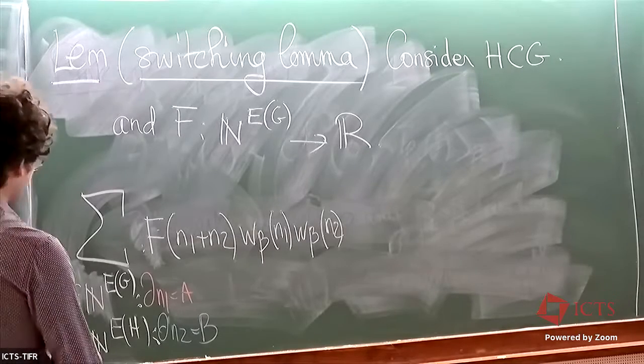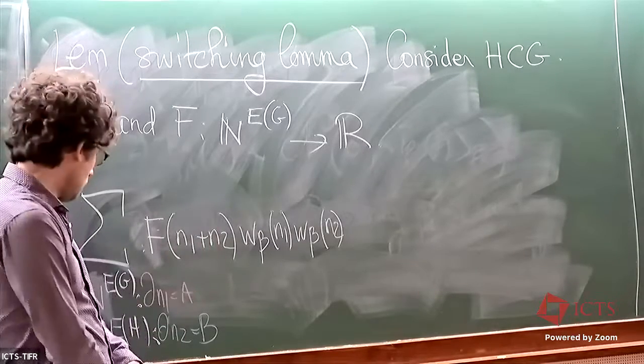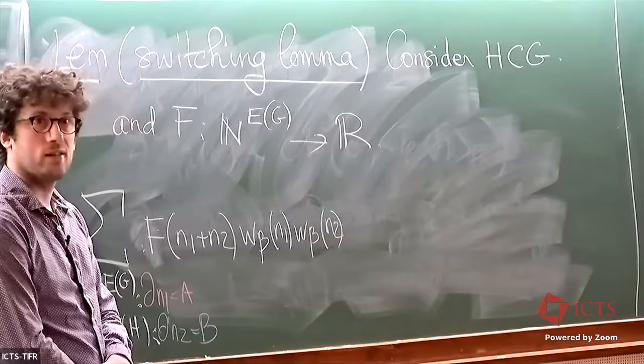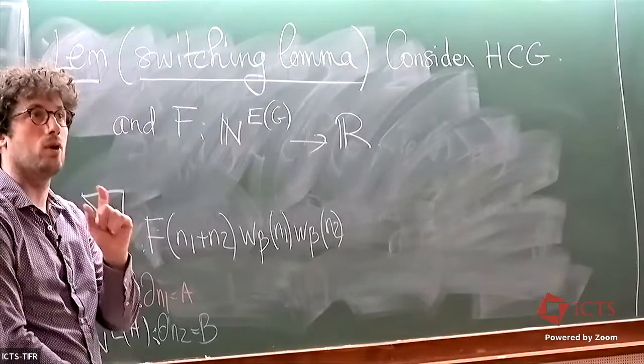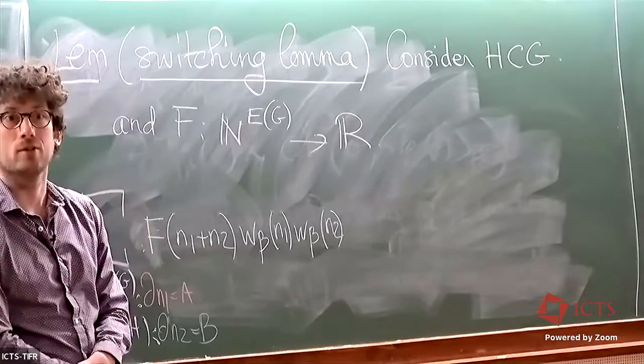The sum of the two currents, you will agree, has sources the symmetric difference between A and B.